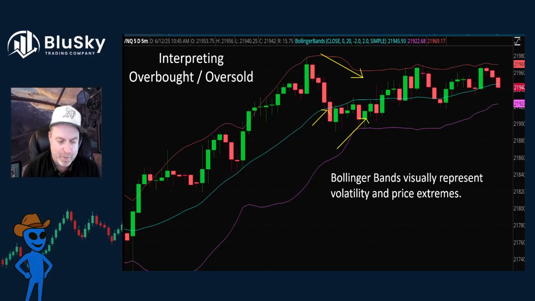For example, the pullback on RSI versus the pullback on stochastics versus the pullback on Bollinger Bands. The pullback on Bollinger Bands is going to be a little bit cleaner, a little bit better if you're going to use this indicator instead of, say, RSI or stochastics. So on pullbacks, I prefer MACD and Bollinger Bands. On something like a breakout or a reversal, I prefer RSI and stochastics.